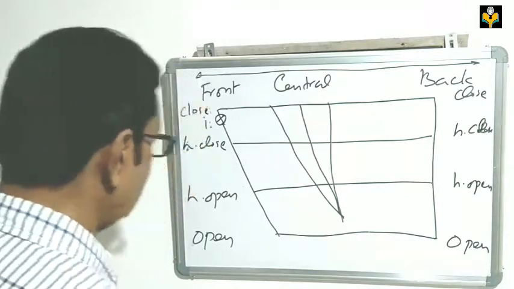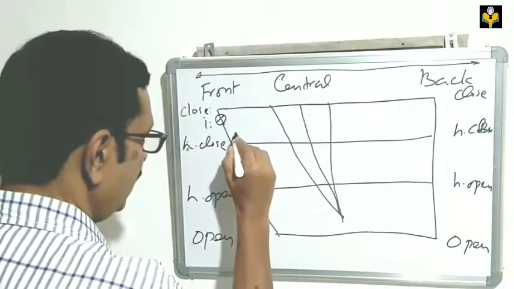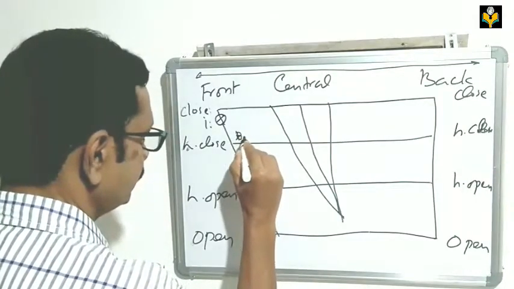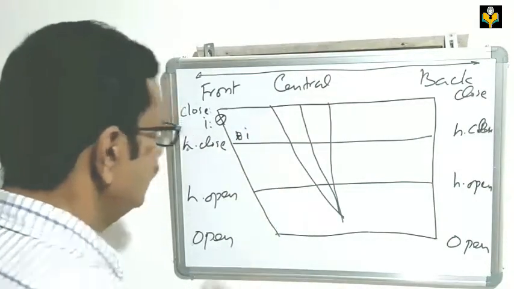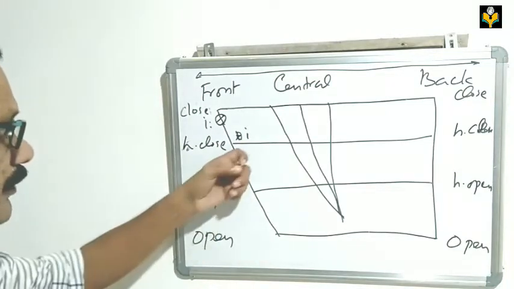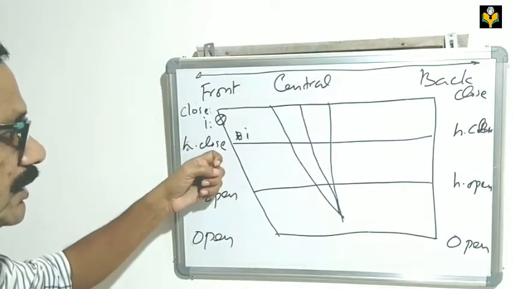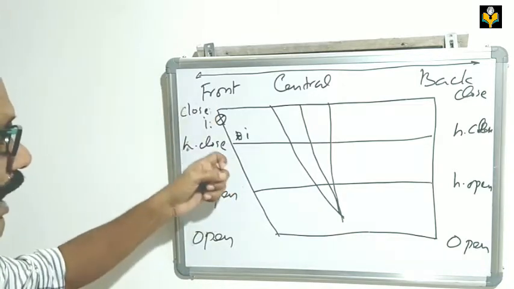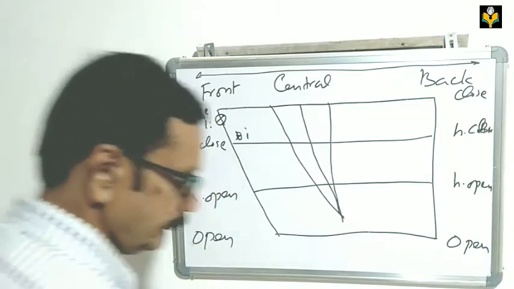Then we can have E here, somewhere here. That is E, half close here. Front, half close, unrounded.